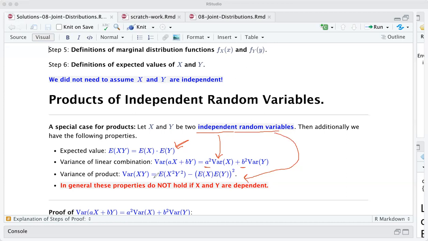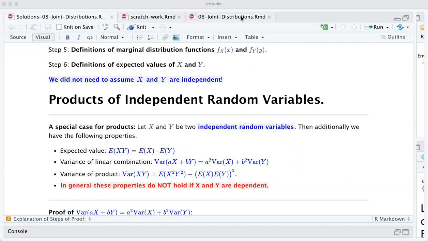So this should look familiar from the variance formulas that we've had. For example, the variance of x we know is equal to E of x squared minus E of x, squared. Okay, so again, be very warned that these properties do not hold if x and y are dependent random variables.